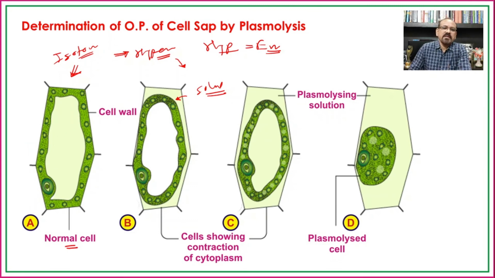As we have seen, it is slightly hypertonic. It means that the osmotic pressure of the cell sap will be slightly lower, and with the help of standard tables, we can again correct the value that we obtain from this experiment, and easily in the laboratory we can find out the osmotic pressure of different cell saps.